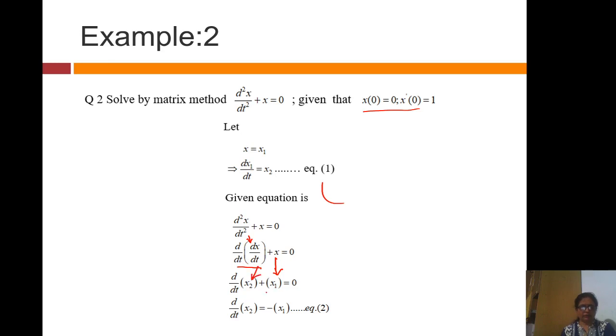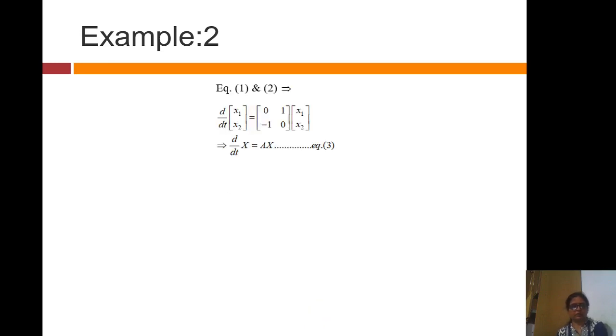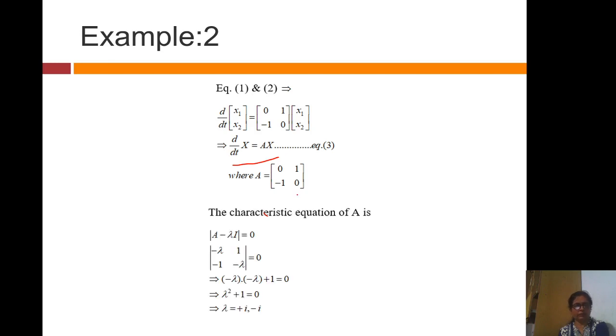Shifting this term to the right hand side, we get the equation number 2. And equations 1 and 2 we write in the form dx by dt equal to A into x, where A is the 2 by 2 matrix.